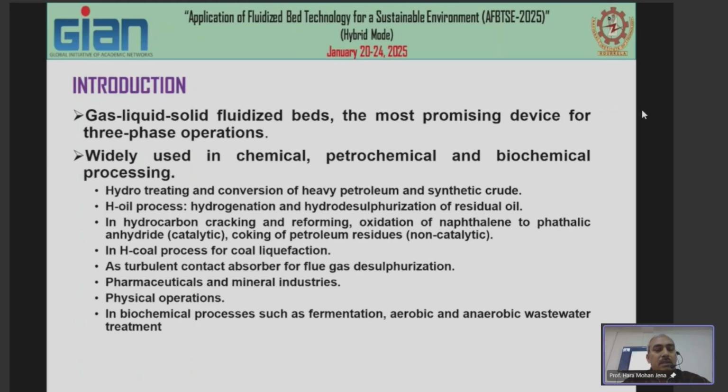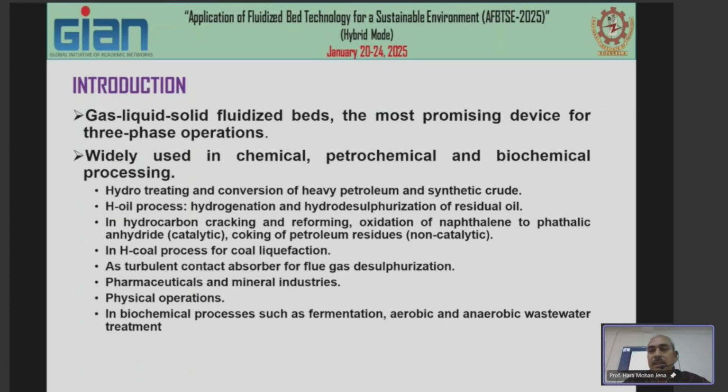So gas, liquid mass transfer, liquid, solid mass transfer, or gas, solid mass transfer, depending upon the type of fluidized bed, are possible in these gas, liquid, solid fluidized beds.